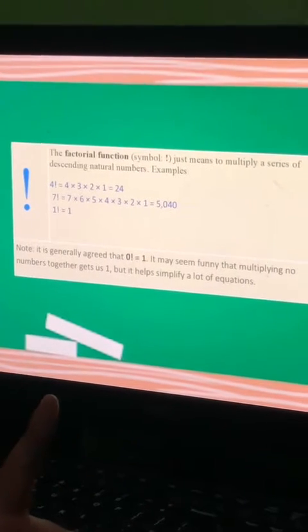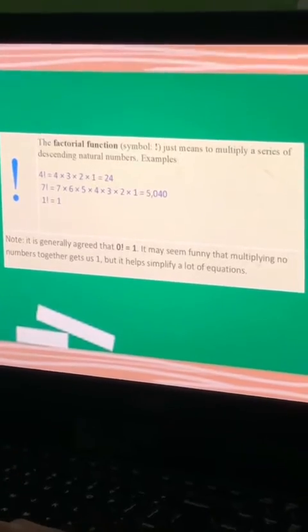And 1! is just 1. Also, it is generally agreed that 0! is equal to 1. It may seem funny that multiplying no numbers together gets us 1, but it helps simplify a lot of equations.